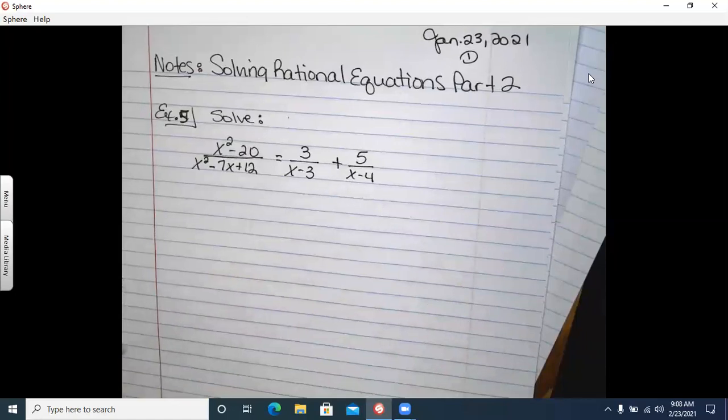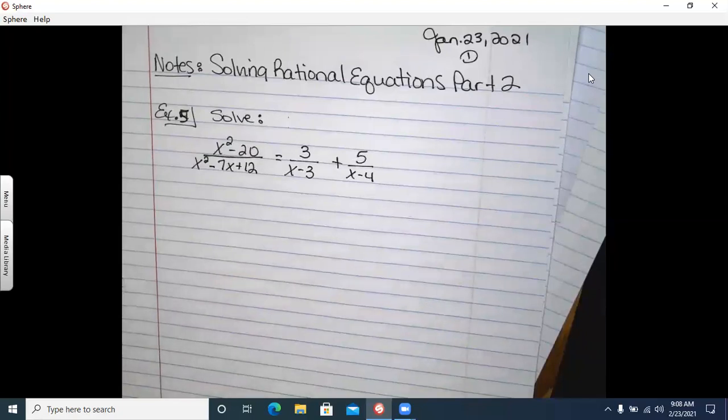These are called rational equations. When you see an equation that has an equal sign and fractions in it with variables, those are called rational equations.